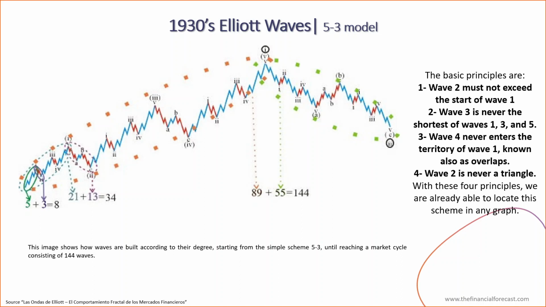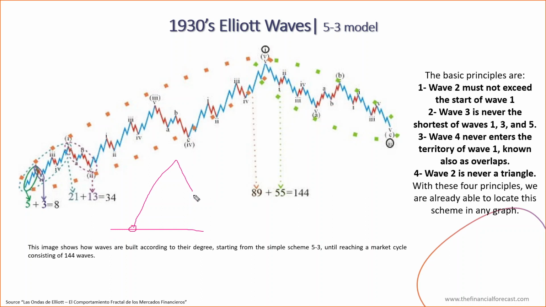The first one says wave 2 must not exceed the start of wave 1. This is super important, really key if we want to identify waves properly. If we are working with 3 waves, 5 waves, 7 waves, it doesn't matter how many waves we are using, this must always happen. This is the beginning of wave 1 at this point here.